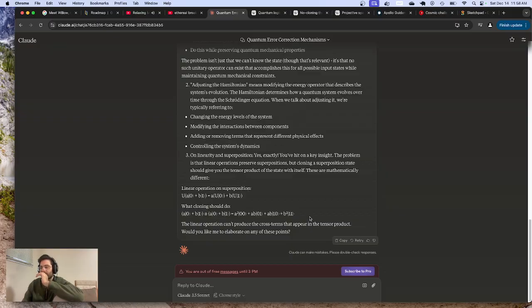I don't understand this. Everything up until here I don't understand. I mean, I get this equation. What I don't get is what's the operator?